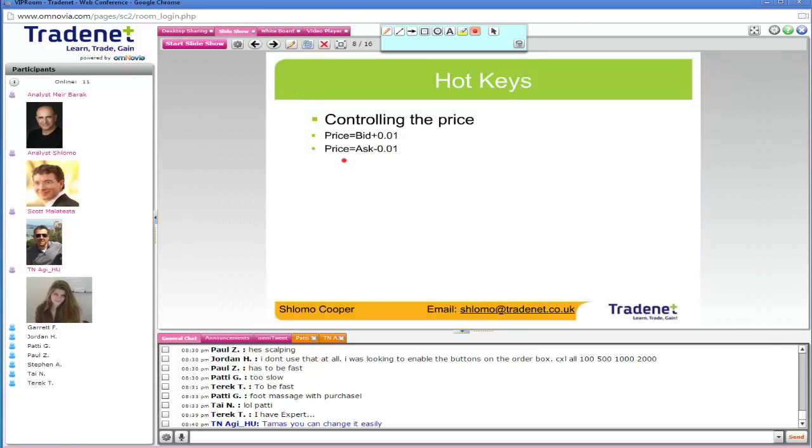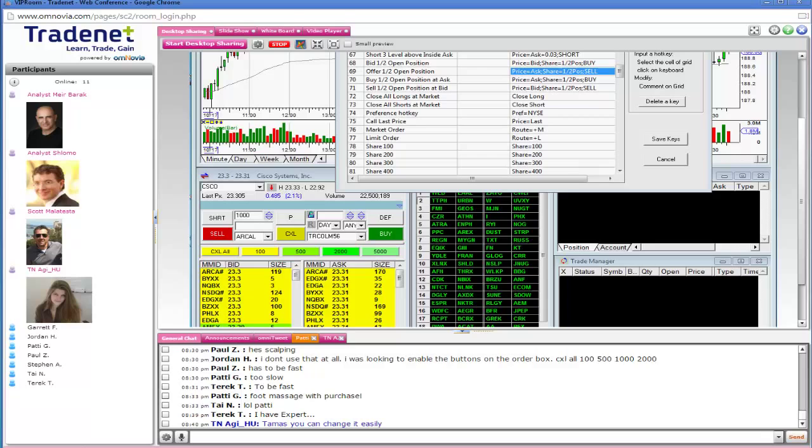If I want to sell and be first in line to sell, I can put price equals ask minus 0.01. That means if I want to sell Cisco, it will send a sell order 1 cent below the best seller. The best seller right now is 23.31, so it's going to send an order at 23.30.